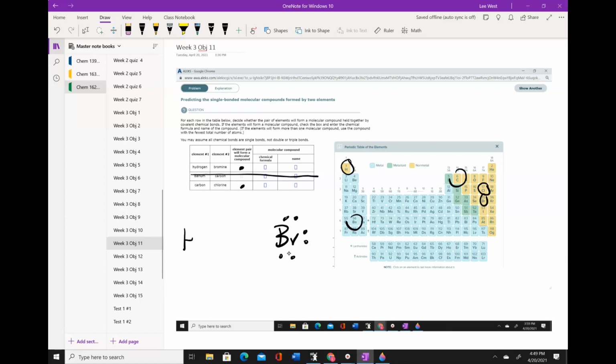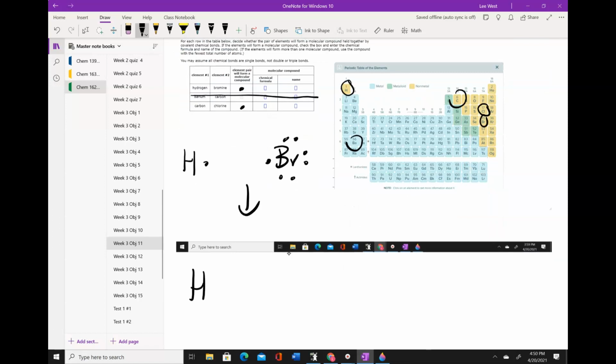So what are these guys going to do? They're going to come together in a 1-to-1 ratio, and those unpaired dots are going to pair up like that. You see that? Let me make that one like that, and then that one like that.